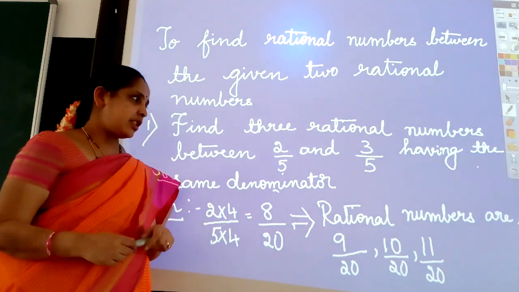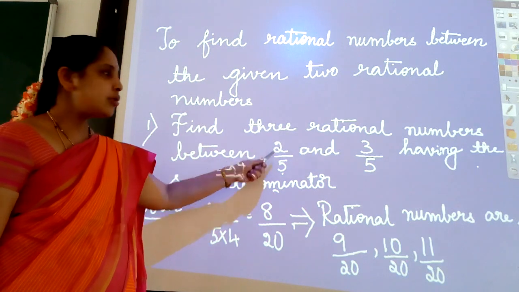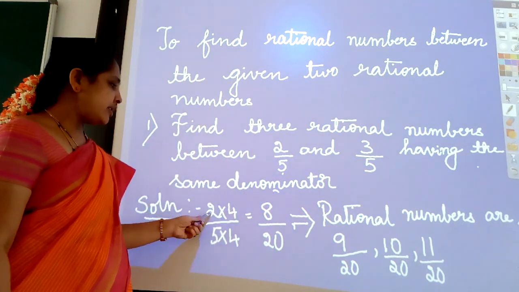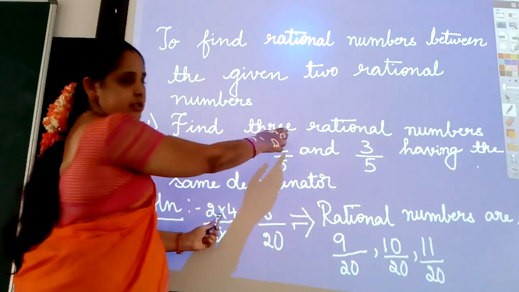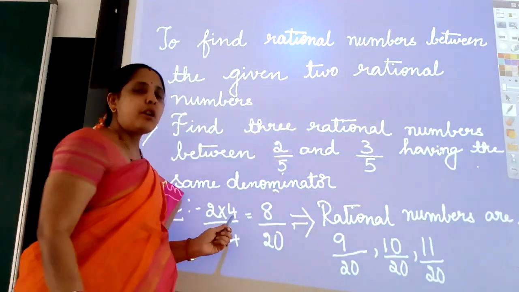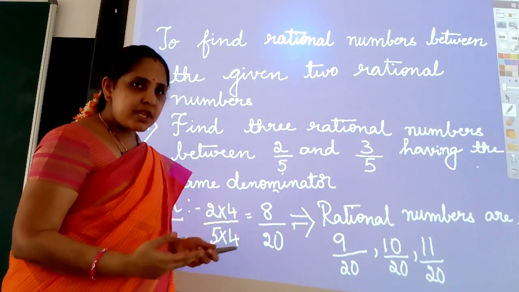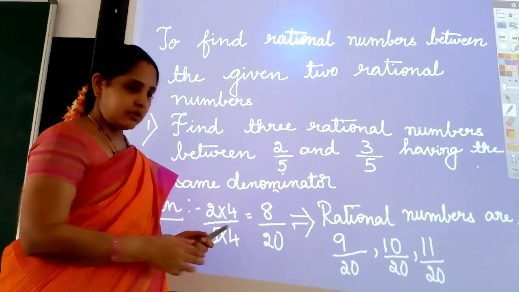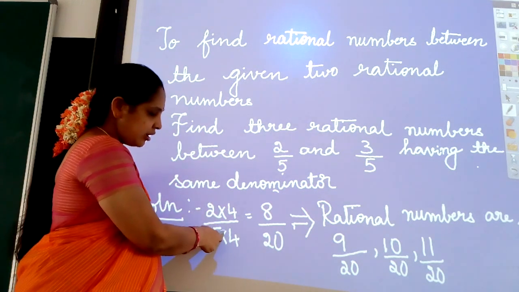First, I consider the first rational number, that is 2 by 5. So I write 2 by 5 into, how many rational numbers are you asked to insert? You have been asked to write three rational numbers between them. So 3 plus 1 is 4. I am multiplying this first rational number by 4.